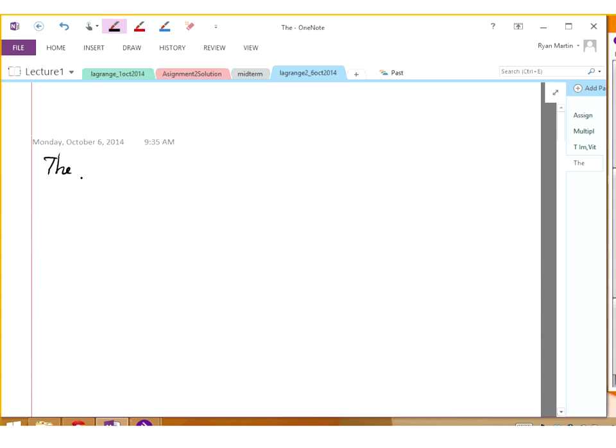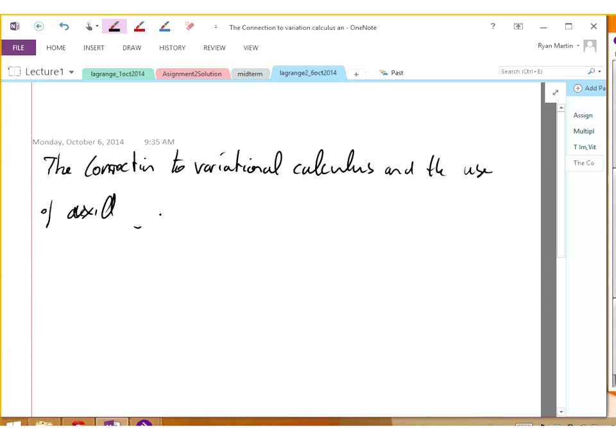In the notes they call it mechanics, but I should call it variational calculus. And the use of auxiliary conditions.